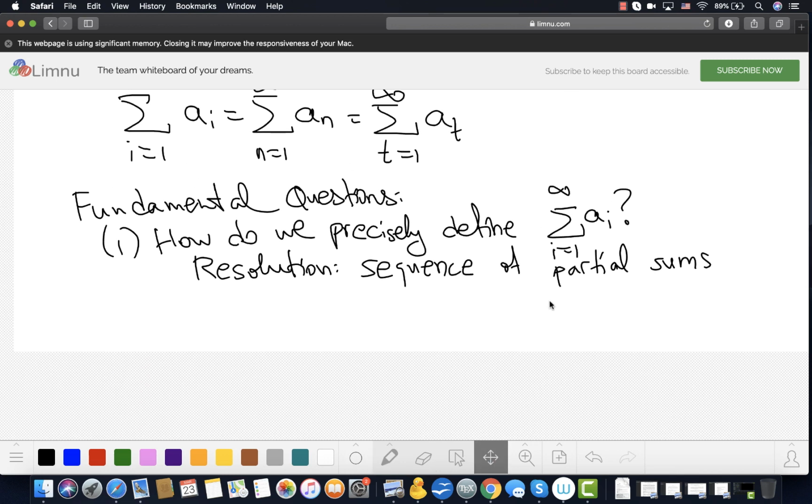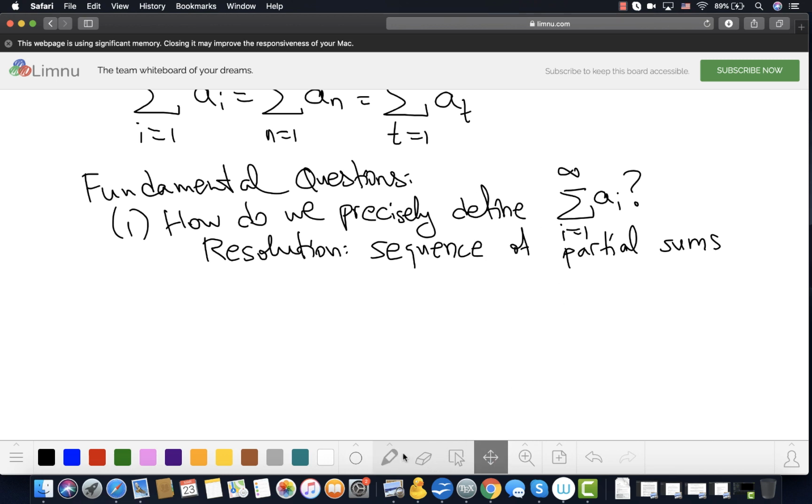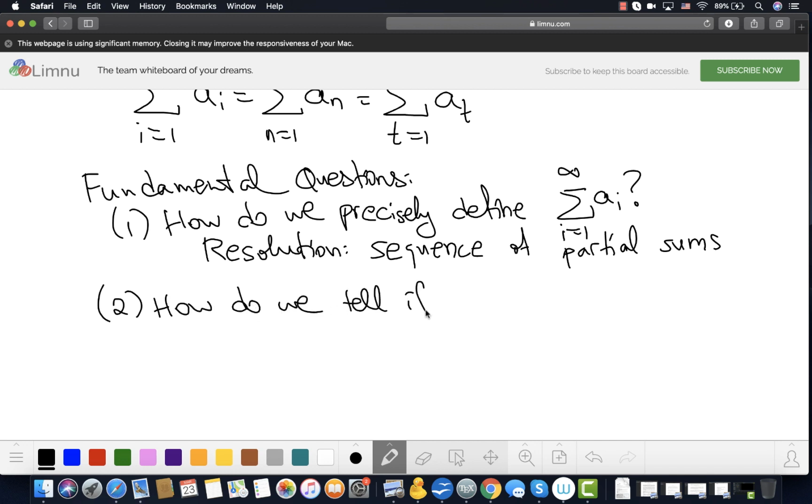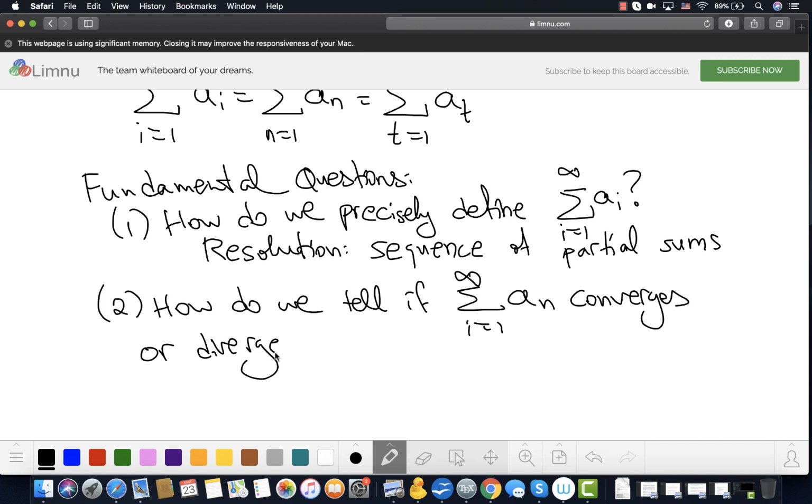And the second question is, how do we tell whether this quantity converges or diverges? How do we tell, for a given sequence a_n, how do we know that the corresponding infinite series converges or diverges? This is a much harder question.